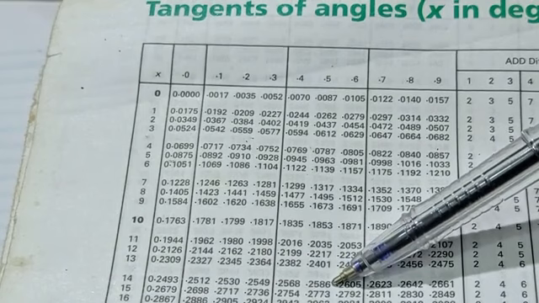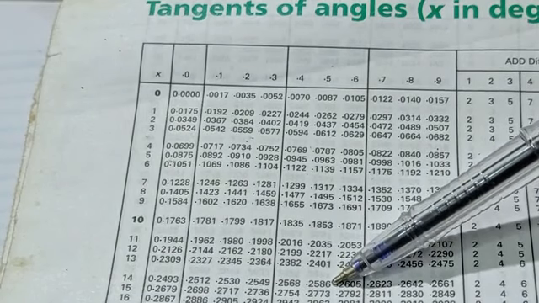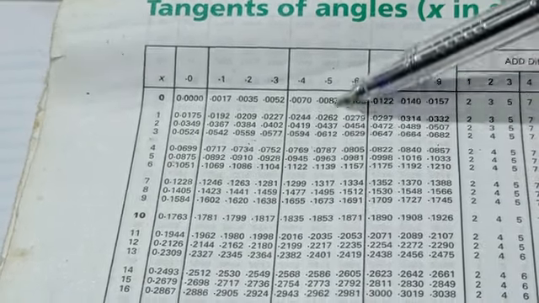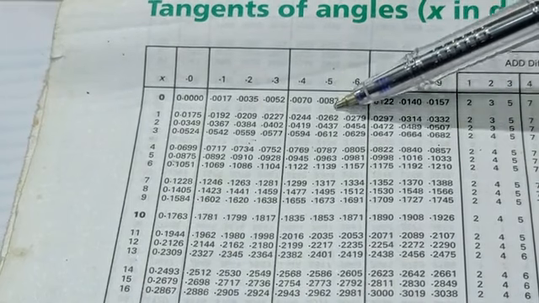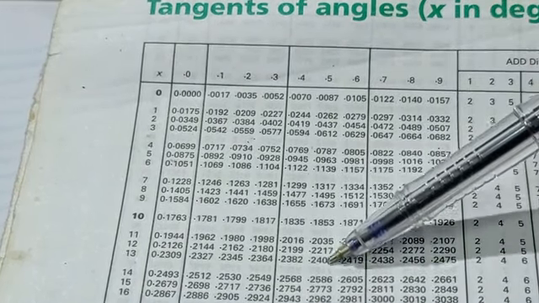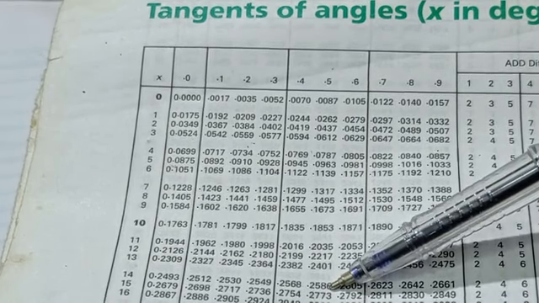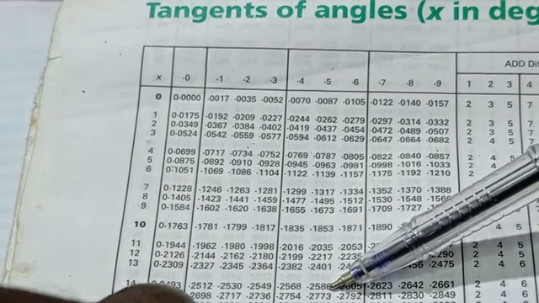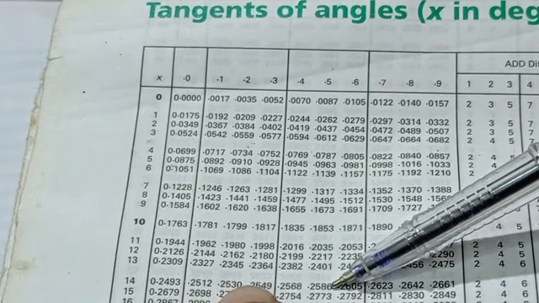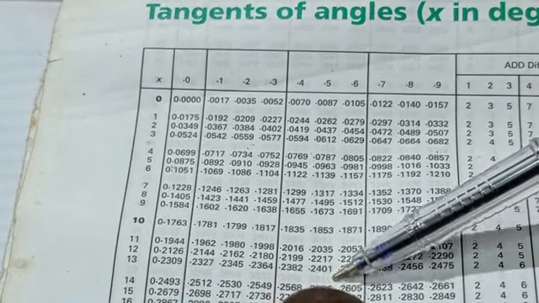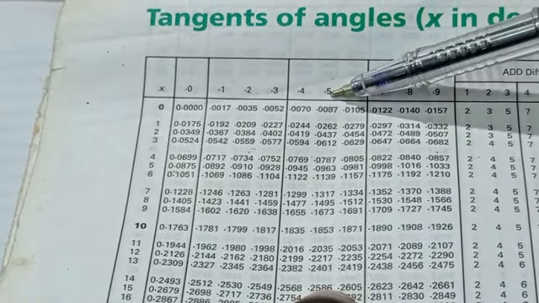Have you seen it? If you trace it, you will notice that it's under 5. Can you see? 14 degree under 5 is this. See where they meet. You check the 14 like this. And when you trace it up, can you see it?